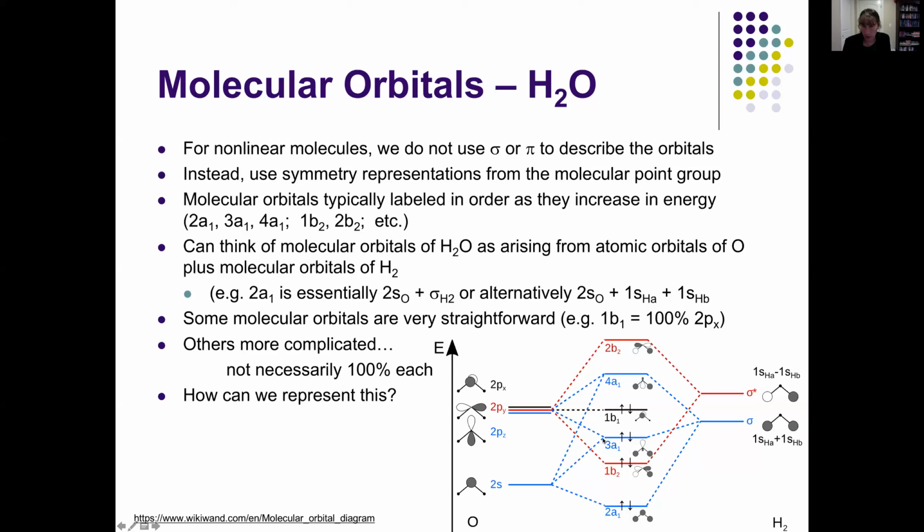It seems to have some 2s contribution from the oxygen, some 2pz contribution from the oxygen, and then also 1sHA and 1sHB contributions. So different orbitals have different amounts of this. Let's try to think about how we can represent this.